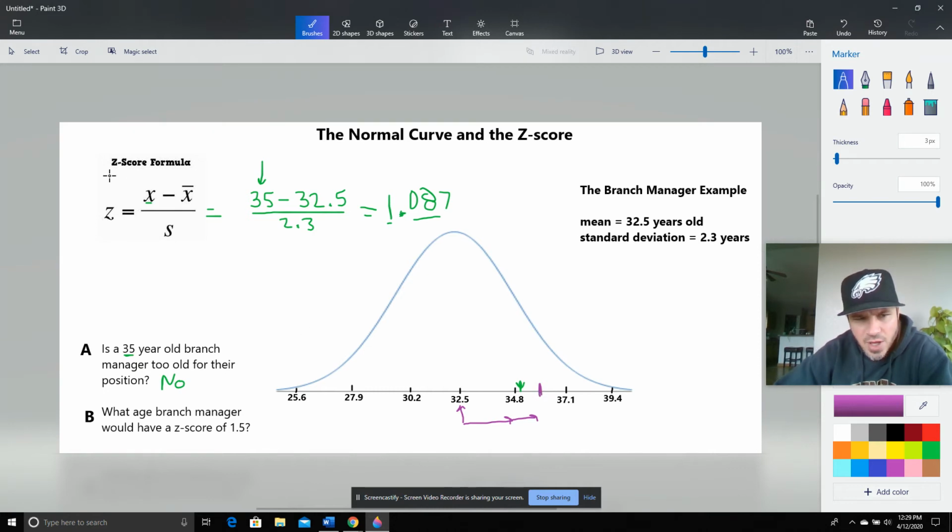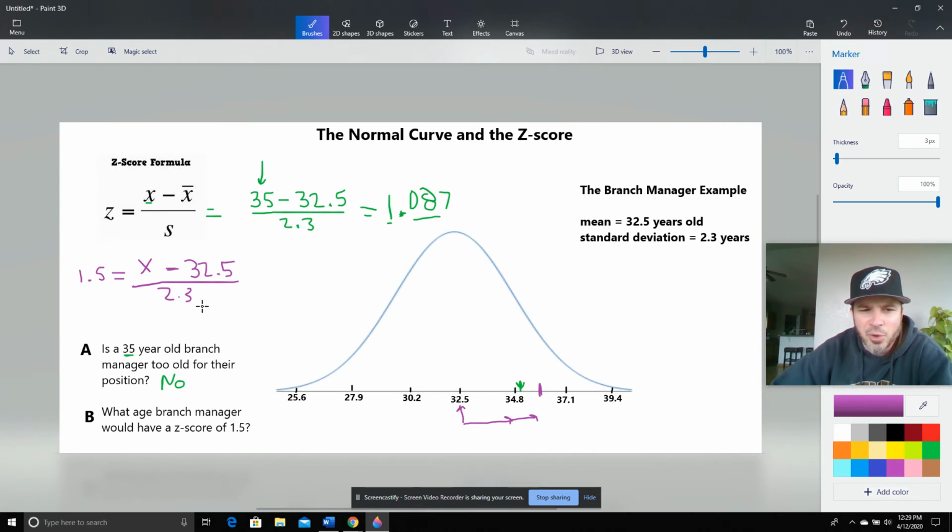But in our formula we're going to have to do a little bit of algebra. We have 1.5 as our z-score. We're now looking for that x that made that, but we are stuck with the same mean and the same standard deviation.